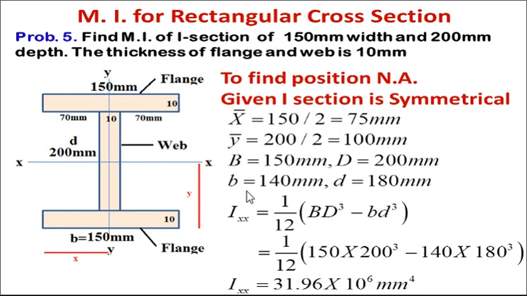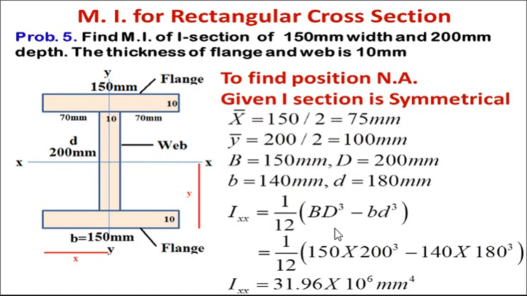Now from this you calculate, because of symmetry, you can take the advantage of a rectangular section while calculating x bar, y bar, Ixx and Iyy for the rectangular section. Now Ixx for a rectangular section, you can use the formula capital BD cube by 12 minus small bd cube by 12. How is it possible? Because the section is symmetrical. If any one flange has a different dimension, then you cannot use this formula.